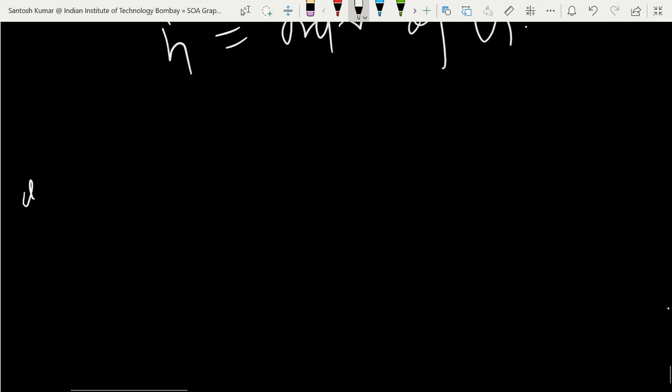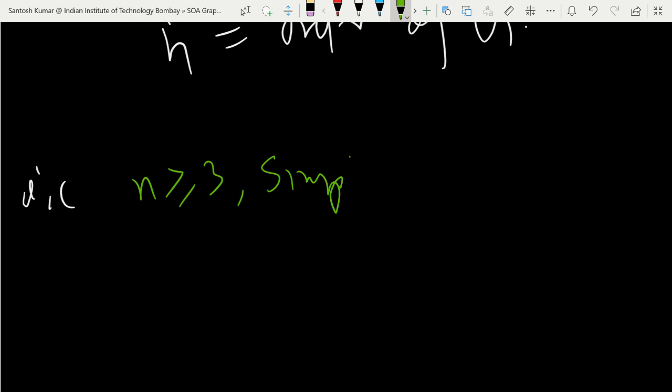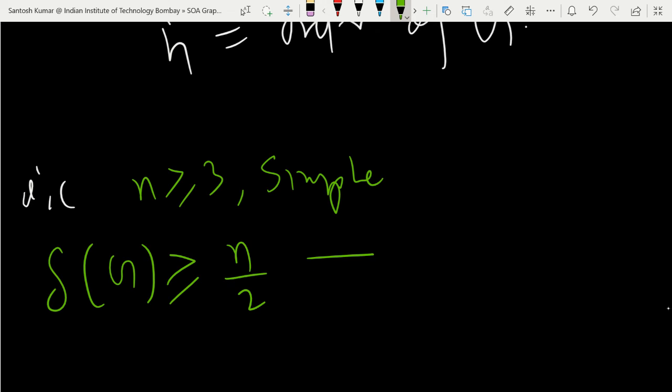So in summary, the first condition is that the graph should have at least three vertices, and it should be a simple graph. Then if delta G is more than or equal to n by 2, this guarantees that G is a Hamiltonian graph.